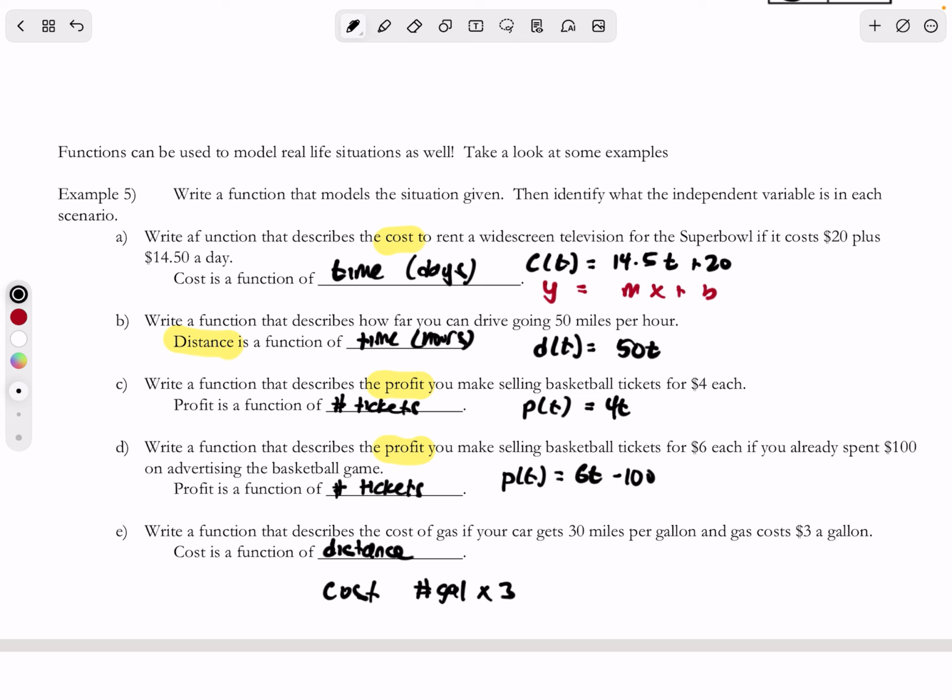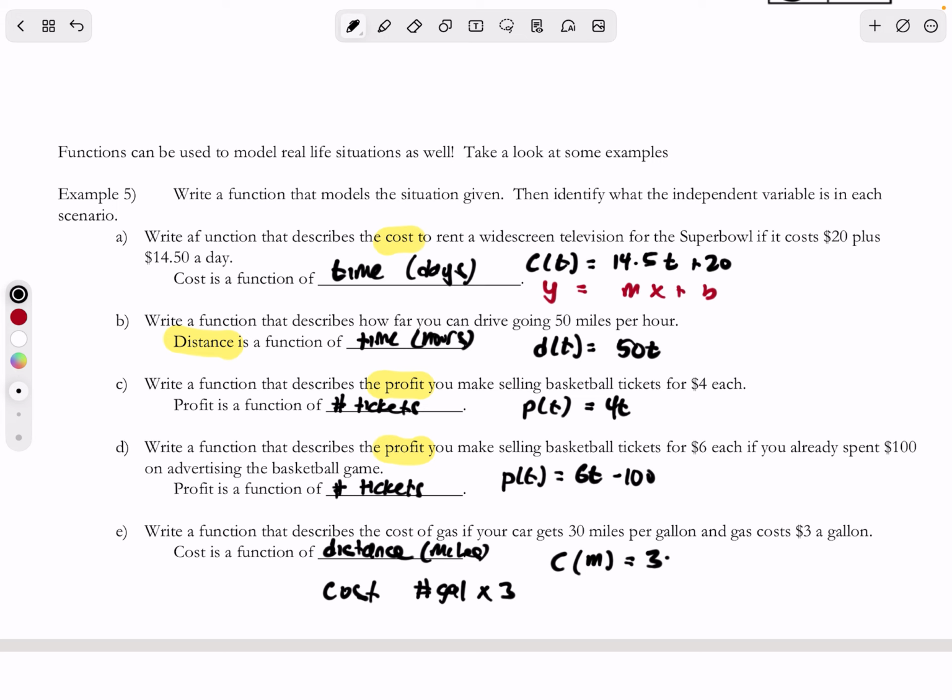So my cost function, as a function of distance, I might say C of m, because my distance is in miles. C of m equals, let's see, $3 times 30 miles to the gallon. How many gallons per mile is that?